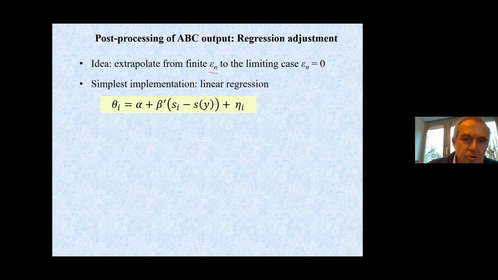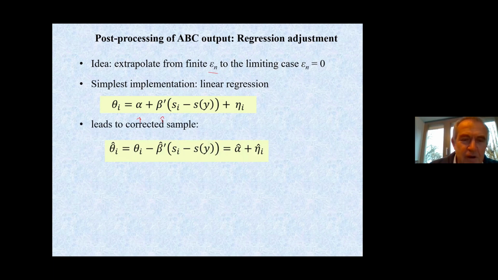Then hopefully you get some systematic part plus some random deviation. And if you have identified the slope and the intercept of this regression, you can adjust the parameters accordingly. And that would be your final posterior, which adjusts or extrapolates towards the point where there would not be any deviation between the simulated and the empirical moments anymore.